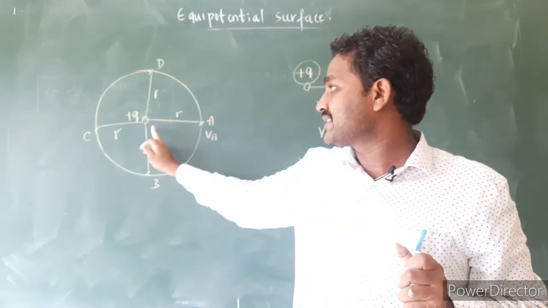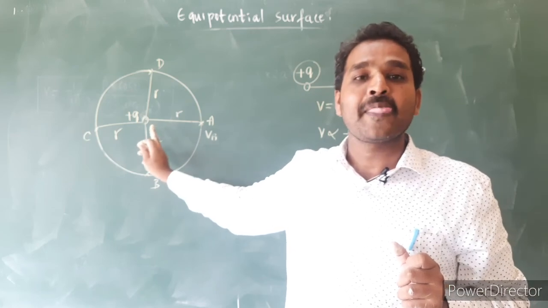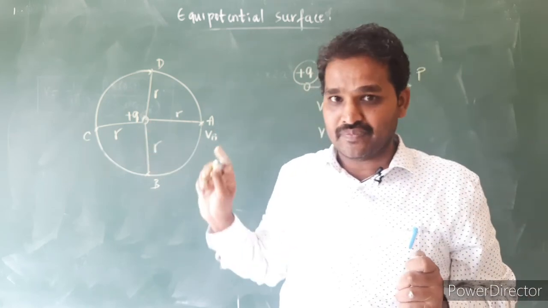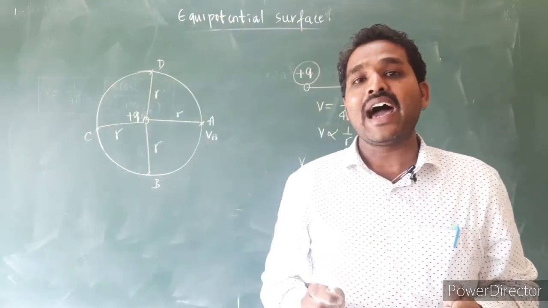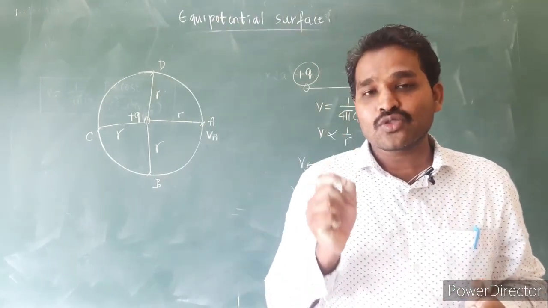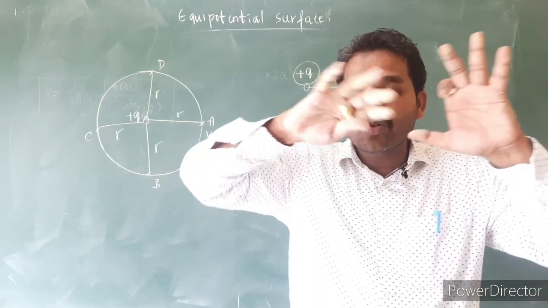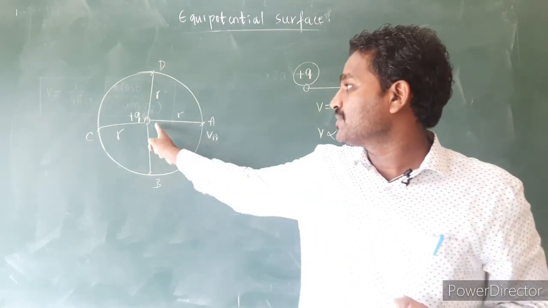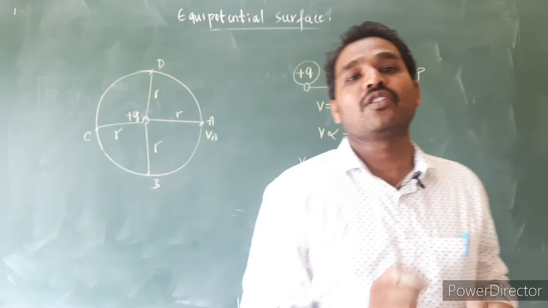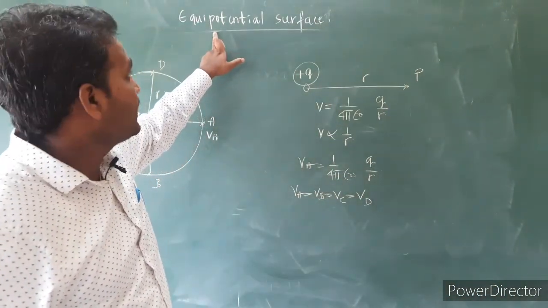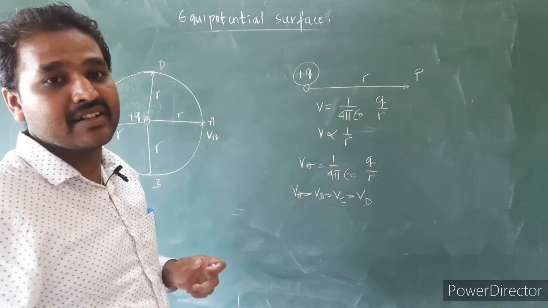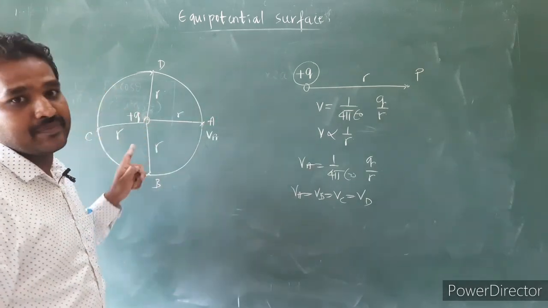Yes, for this example, when my source charge is an isolated point charge, a spherical surface around that source charge has the same electrostatic potential all over that surface because of the source charge. Such a surface we call an equipotential surface. The name itself suggests that the potential on that surface is equal, that is constant.